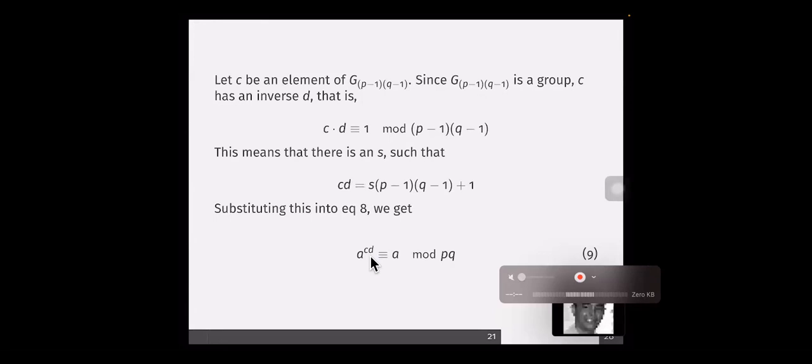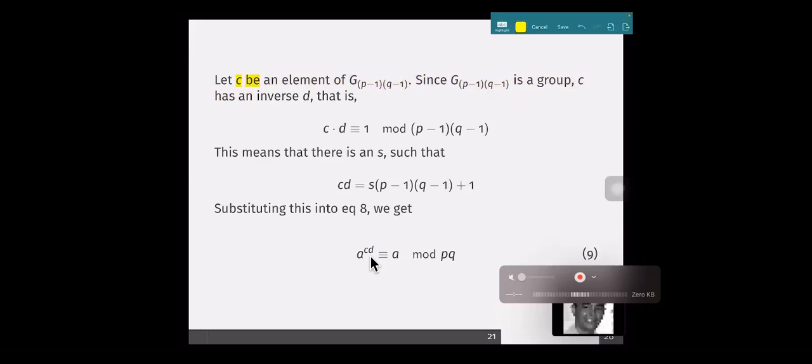Yung C natin is the coding number, di ba? Given a message, we raise the message to the power C and get the modulo of that with respect to P times Q, and the remainder is the encrypted text, diba? So remember C is your coding number.